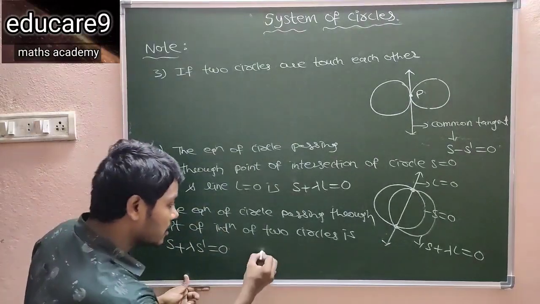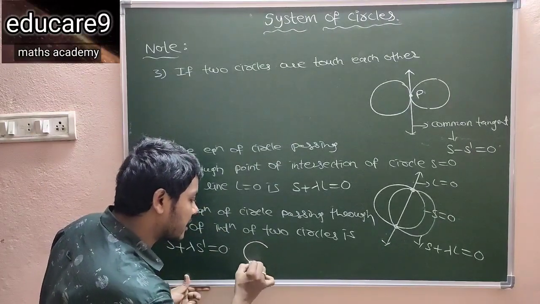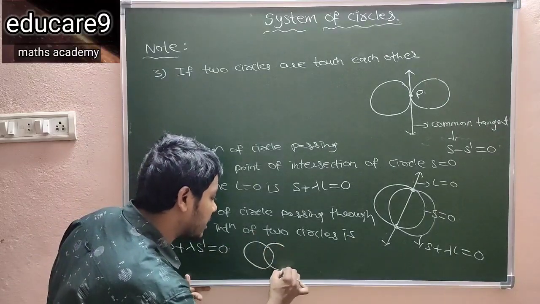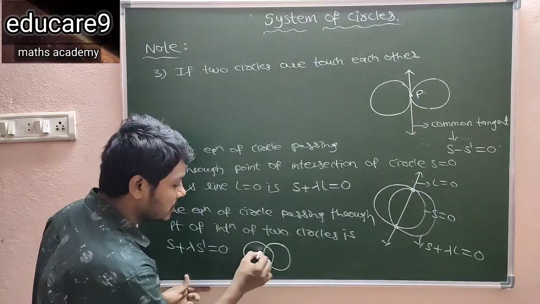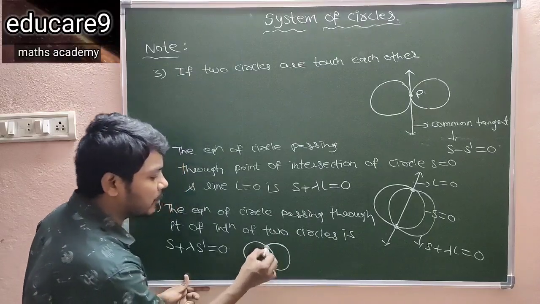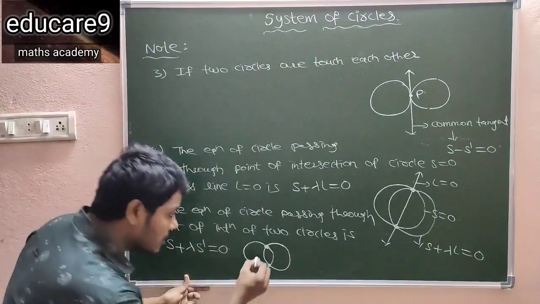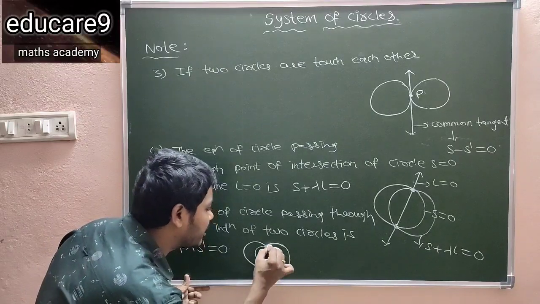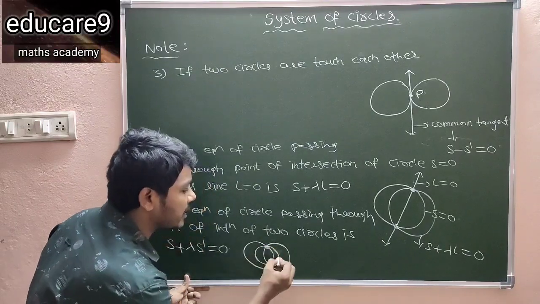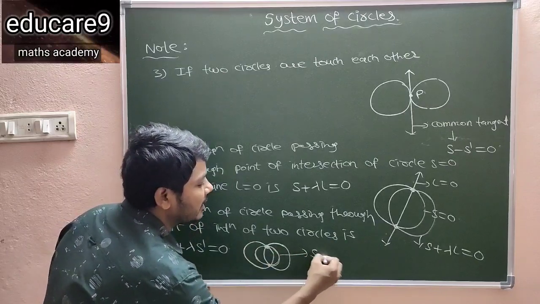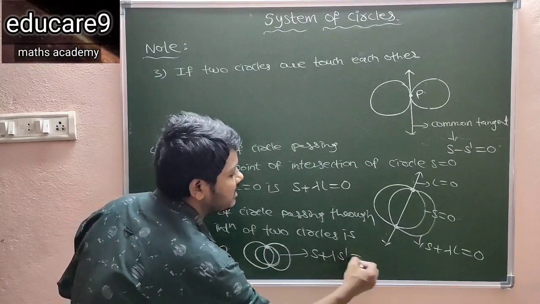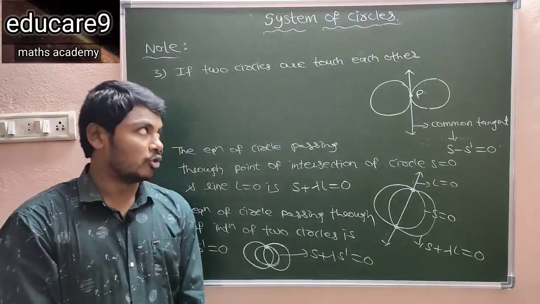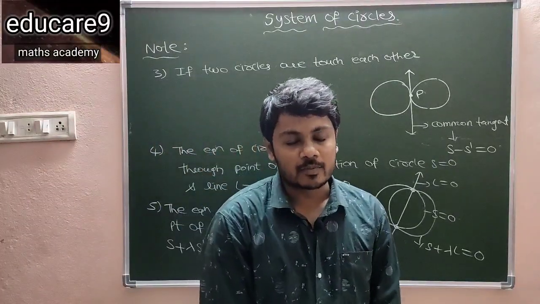So see here, this is the circle S equals to 0 and this is another circle S dash equals to 0. These two are intersecting at points P and Q. Then the circle passing through the point of intersection of two circles is S plus lambda S dash equals to 0. So these are the five note points. For the next session we will discuss more problems.